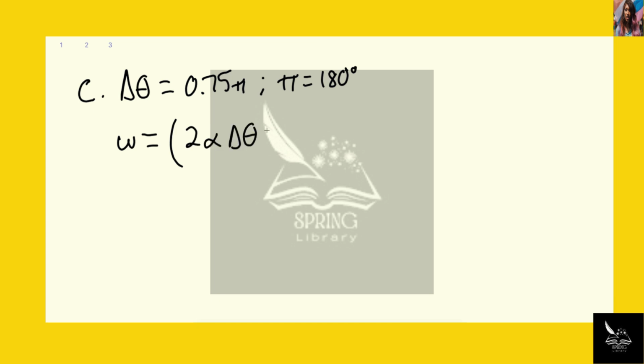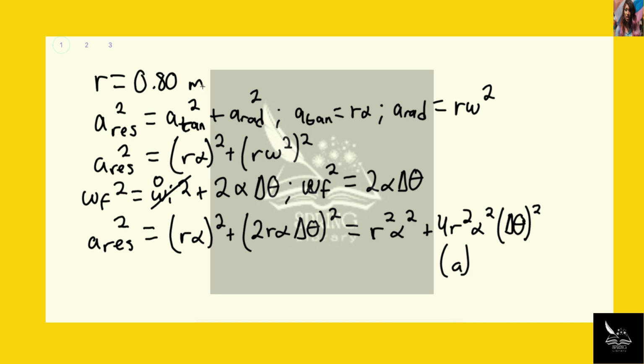So 135 degrees corresponds to 0.75 pi, given that pi equals 180 degrees. So our omega would simply be 2 alpha theta to the 1/2 power. And this equation is from this equation here. So we use this equation here for part C.